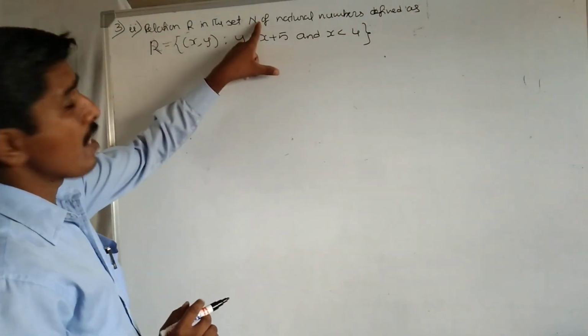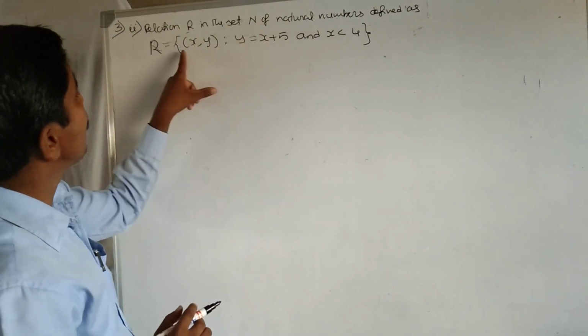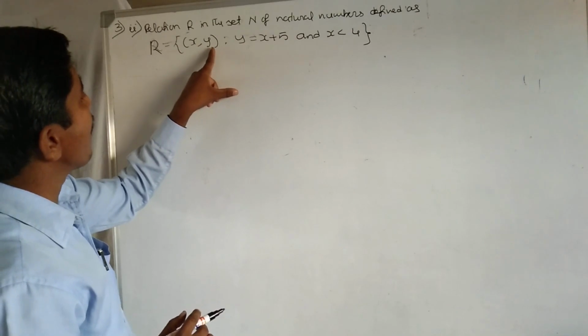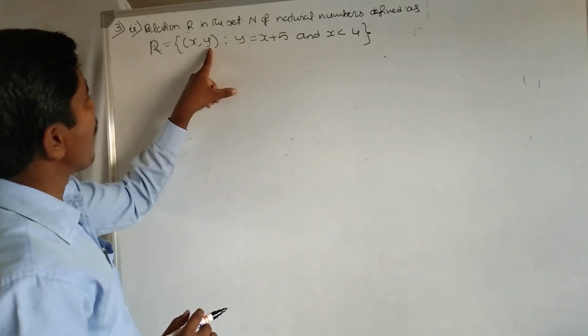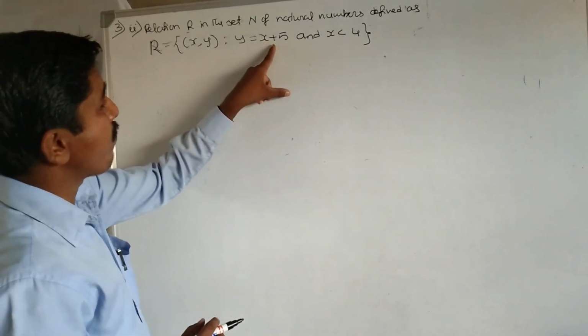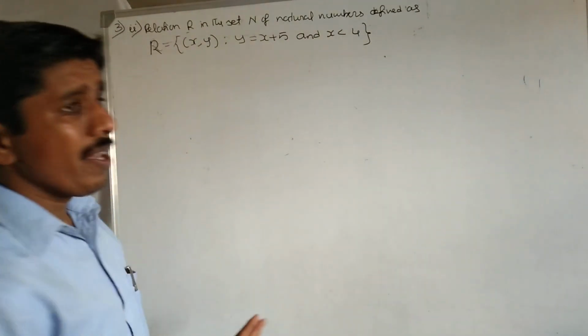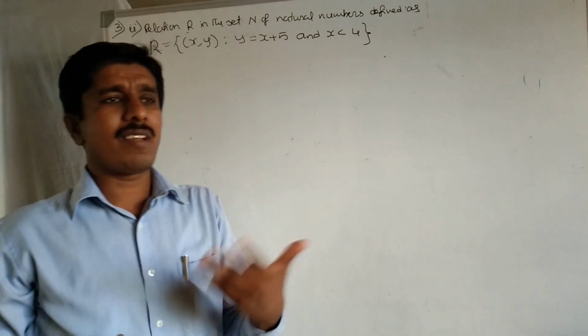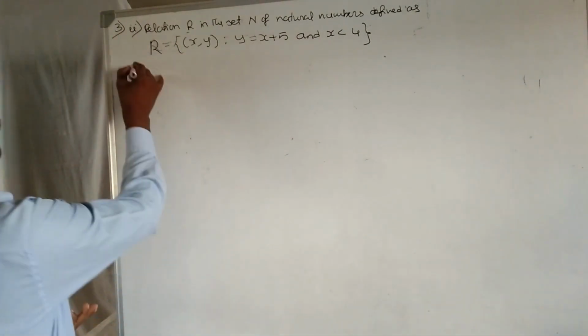The relation is defined on the set of all natural numbers, where y, the second element, equals x plus 5 and x is less than 4. Here we have to verify whether the relation is reflexive, symmetric and transitive.